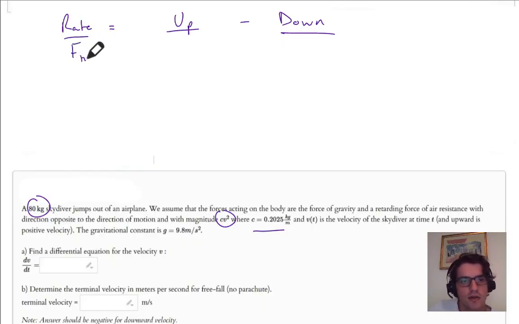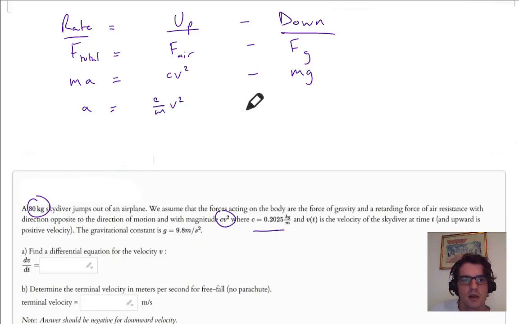We have total force equals force of air minus force of gravity, MA. This was CV squared. This was mg. So C over m v squared minus g equals dv dt.